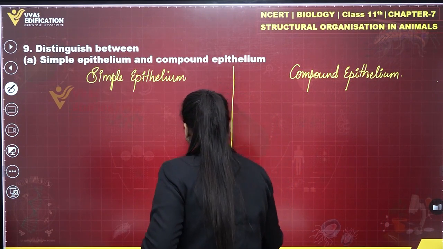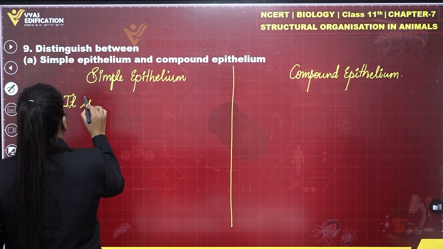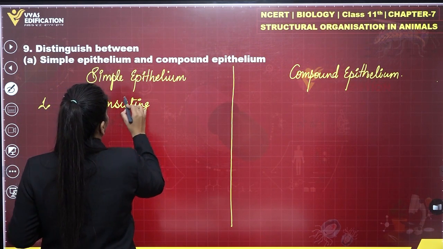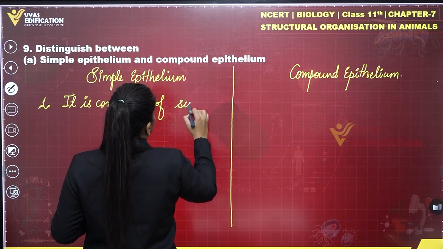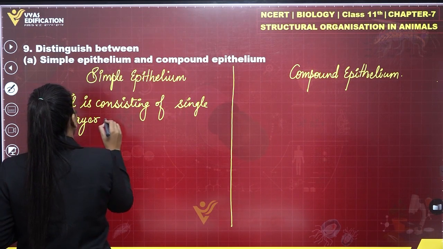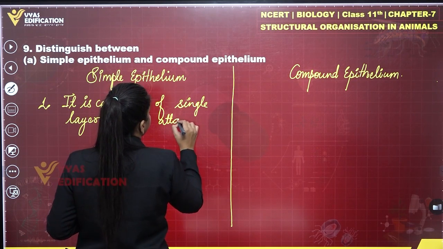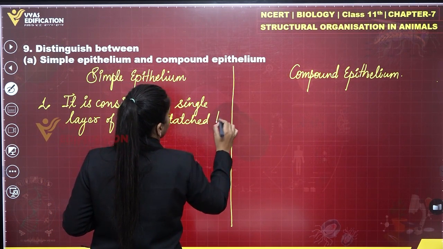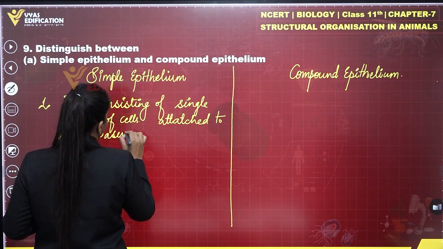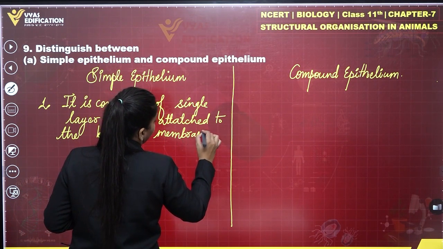Now, the first point of simple epithelium is it is consisting of a single layer of cells attached to the basement membrane, right?